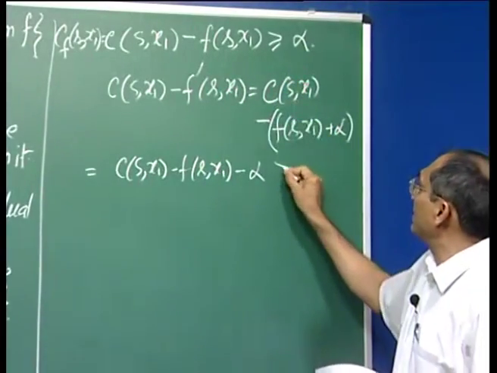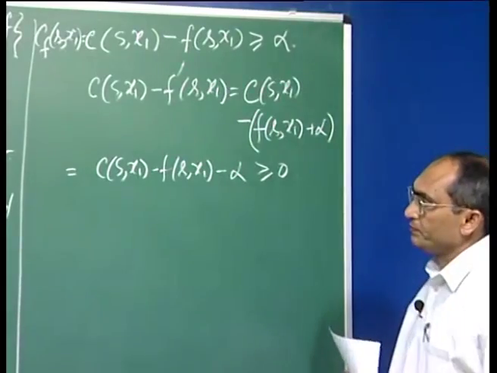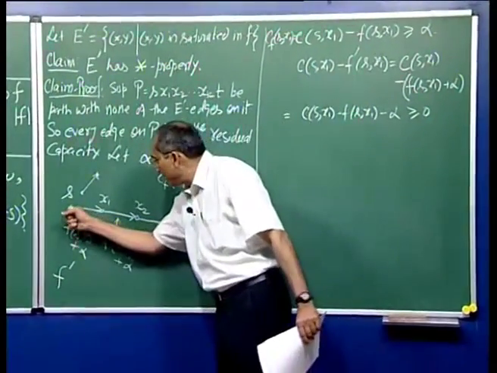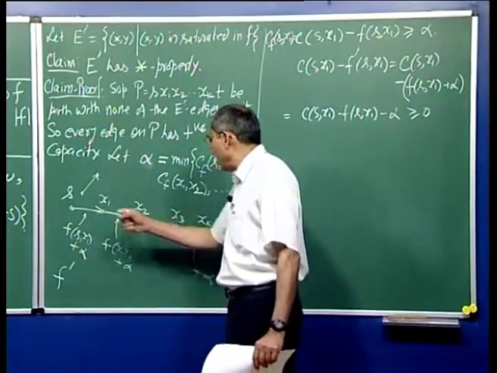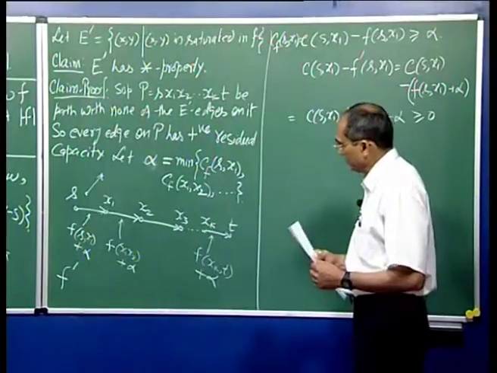From this inequality, this is still non-negative. Hence, we do not violate the capacity condition on this edge, and the same goes for every one of these edges. So, we are not violating any of that.